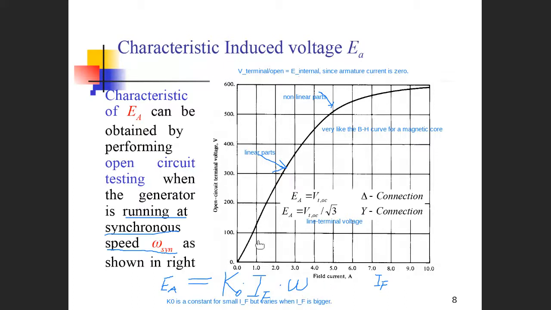If you change the rotation speed, this curve will change. For each generator, by doing tests, you can get a group of such curves at different rotation speeds.